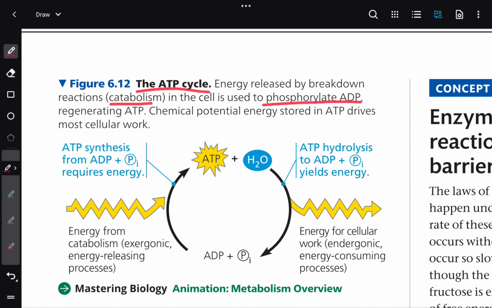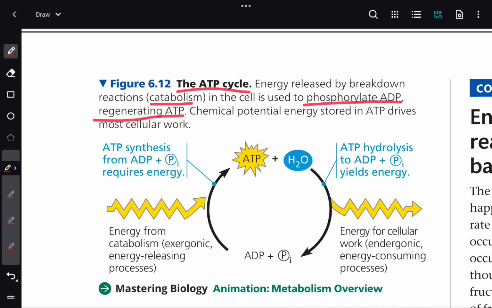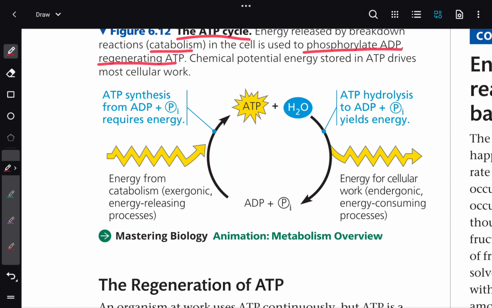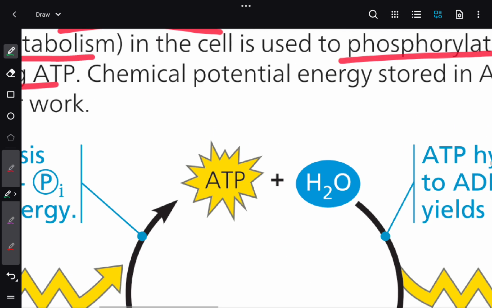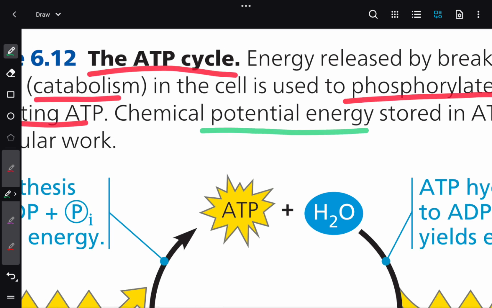In order to regenerate ATP. Now, chemical potential energy stored in ATP drives most cellular work. And this is an important idea here: chemical potential energy.